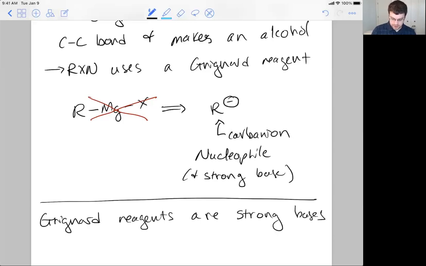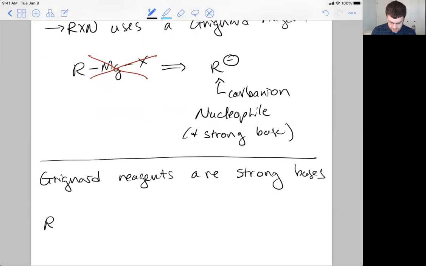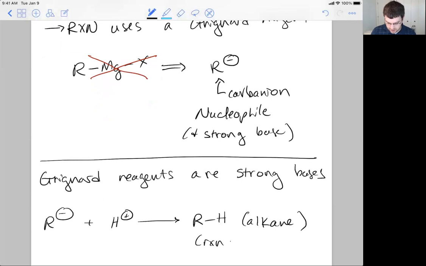That is to say that if you have R minus and you react it with some H plus, you will get RH, which is really just an alkane. If you get an alkane, then the reaction is dead. There's no Grignard reaction because we need that R minus.